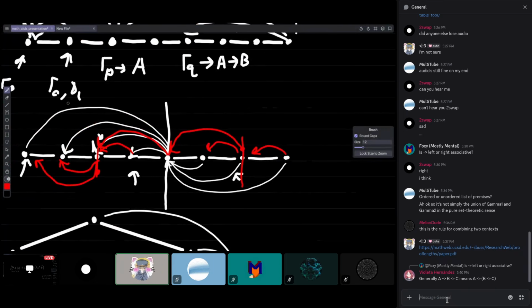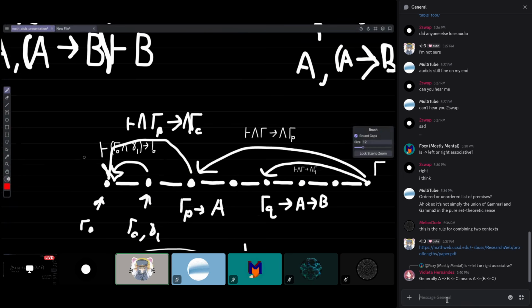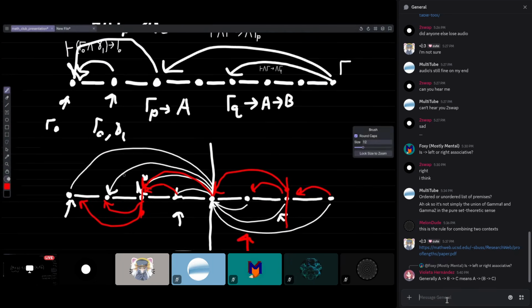For every one of these layers, let's say the white ones are the largest layer. You add at most n arrows to your graph. If you construct them in the right order, namely, if you do this single step and then compose it with this single step, you can get all of them in at most n applications of our base rule.